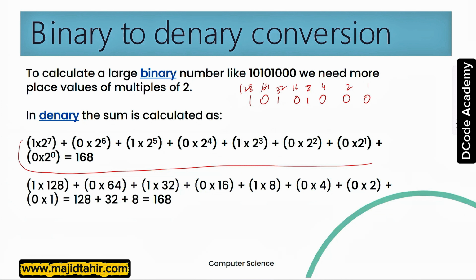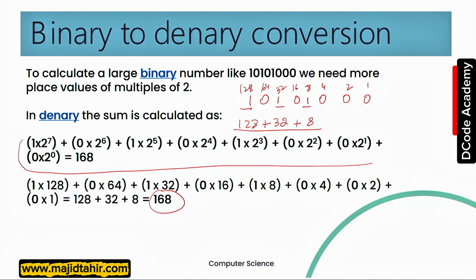Now 1 multiplied by its place value will give an answer exactly like the place value, and anything multiplied with 0 will get 0. So we will just select the numbers with ones. So I'll write 128 plus 32 plus 8. I'll add them, I'll get this number, 168.